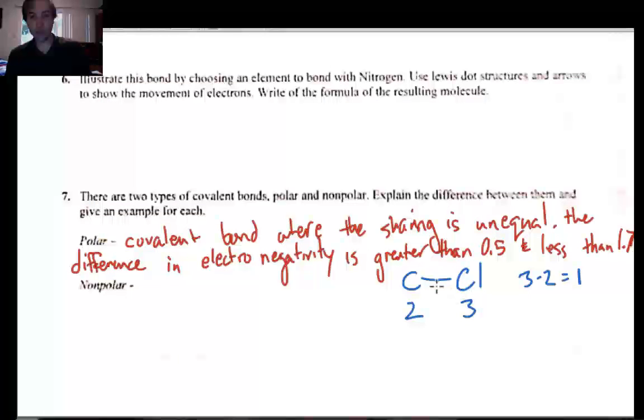So this bond is polar, and what's happening here is the electron is favoring chlorine. So it's hanging out on this side of the bond more than it's hanging out on this side of the bond. So the sharing is unequal. Okay. Now for a nonpolar bond, it's still a covalent bond, right?